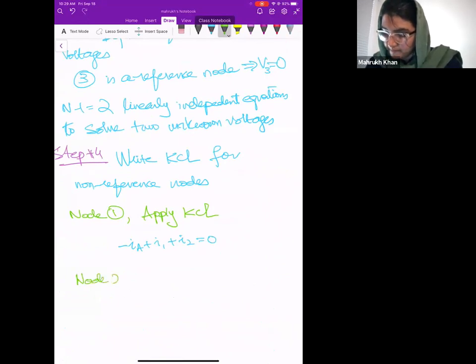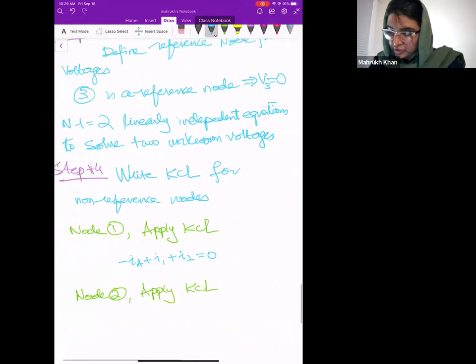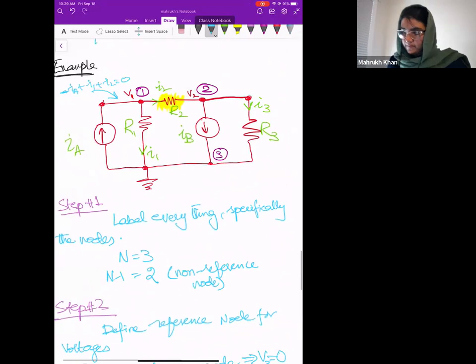So node 2, apply KCL. What should be the equation? What do you think? What should be the equation here, seeing the equation of node number 1?